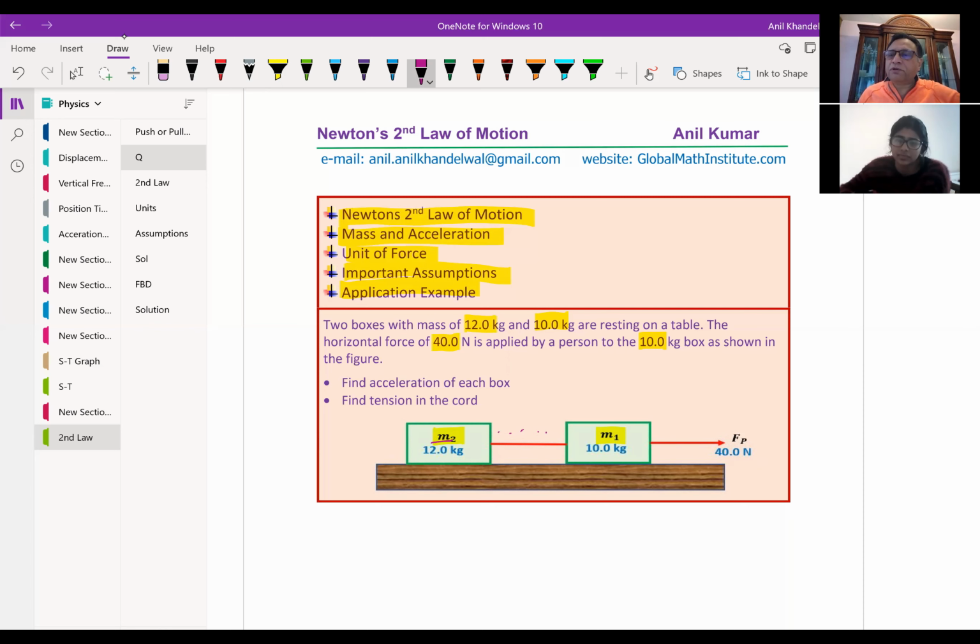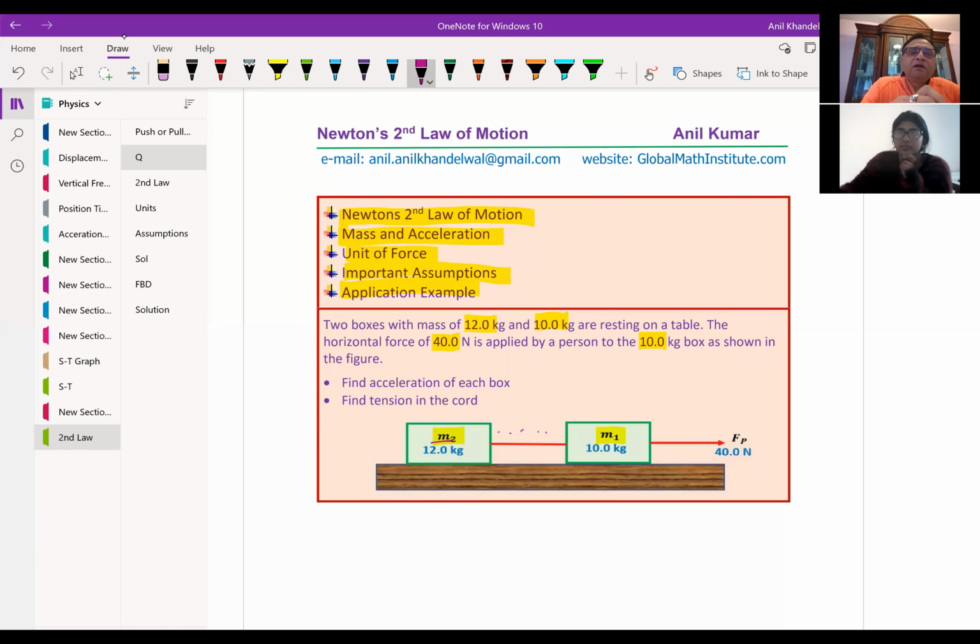Sometimes in the test paper, that could be a part of your question: what are the assumptions based on which you got this solution? Does it make sense to you? These are the important things which students sometimes miss out, and they lose a lot of marks, because solving a question could be 5 marks, but all the other things could also be 5 marks. So this is very important to understand.